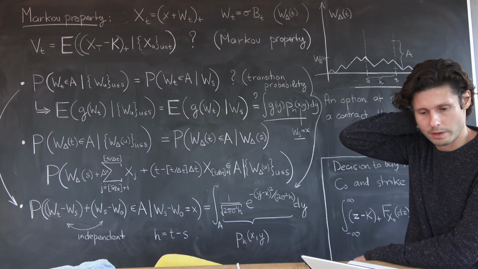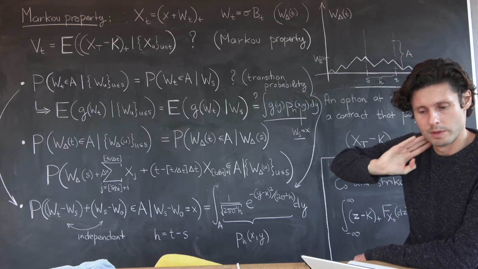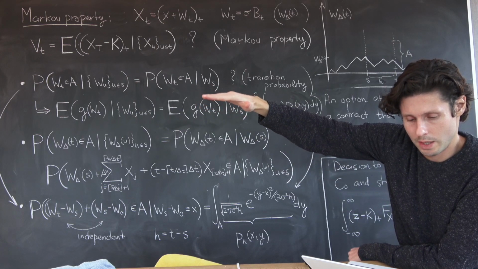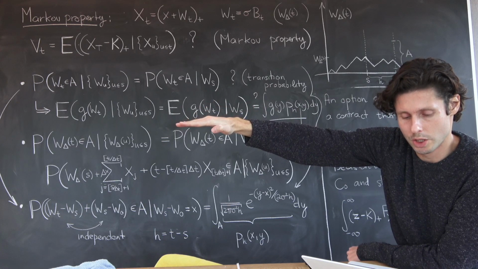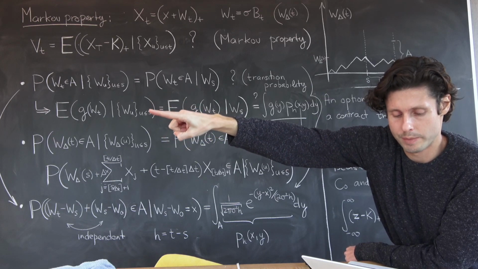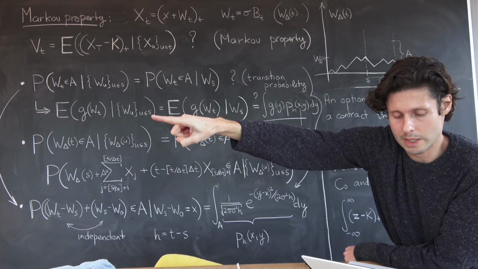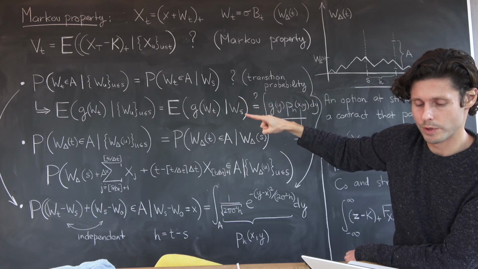Just a brief summary in terms of what to take away. The Brownian motion has the Markov property, which is this statement right here. It allows you to compute conditional probabilities as such, where the complicated conditioning, where we observe perhaps some price or something related to the price over continuous time, can be removed and replaced only by the most recent observation.